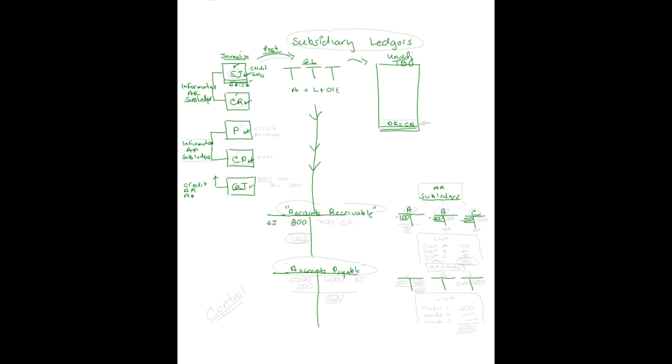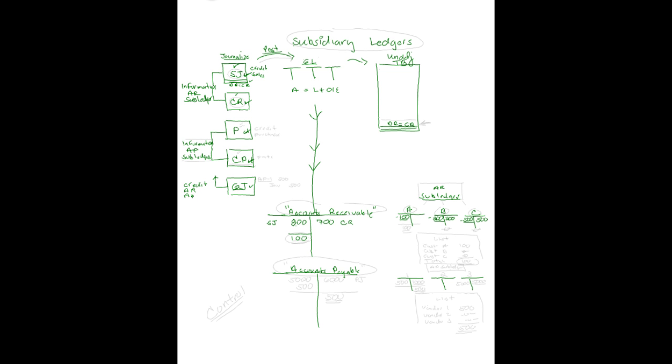So maybe on the first day, customer C paid us $500, and later in the month, customer B paid us $200, the total of $700. We would keep track of that in the cash receipts journal, and then at the end of the month, we would post the totals. One of those totals would go to the accounts receivable account, a total of $700 payment coming in from the cash receipts journal. Notice now the balance in accounts receivable at the end of the month.